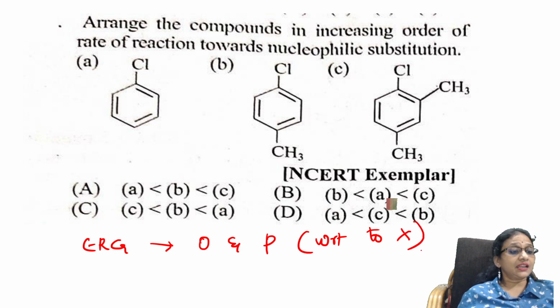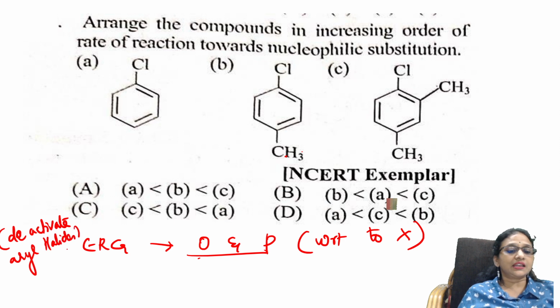The aryl halides get deactivated. That means if you have electron releasing groups like methyl groups at the ortho and para positions, this will deactivate aryl halides towards SNAr.